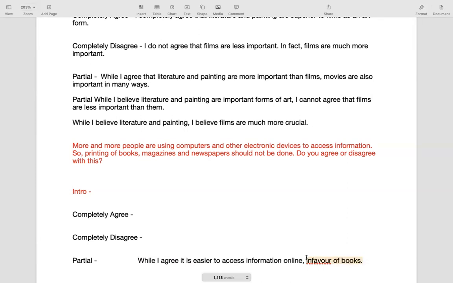Second half should be in favor of books. I cannot agree. You cannot agree with what? That the printing of books, magazines, and newspapers must be stopped. Yes. So the printing of books, magazines, and newspapers should be stopped.